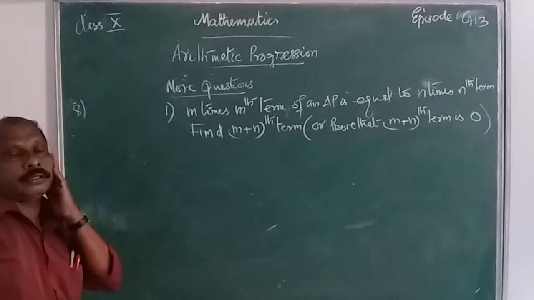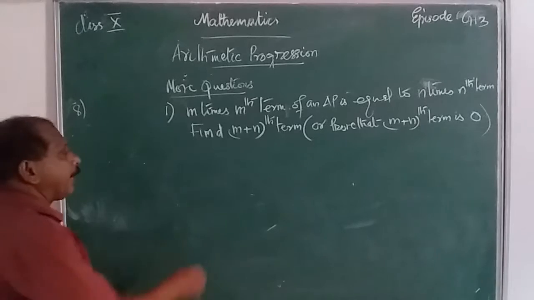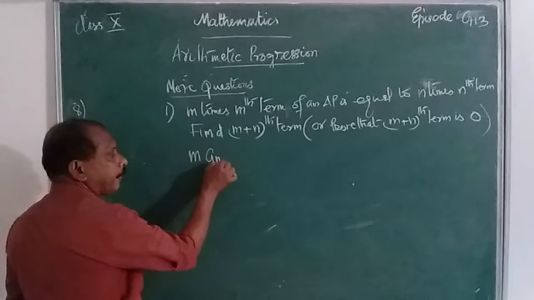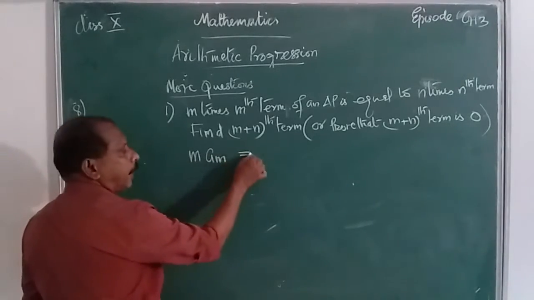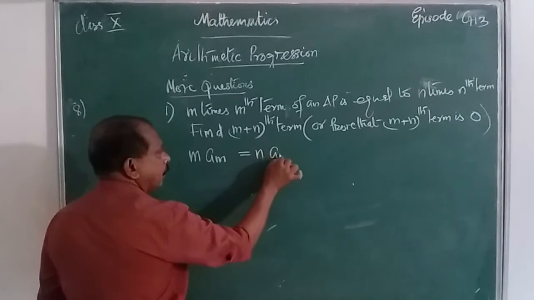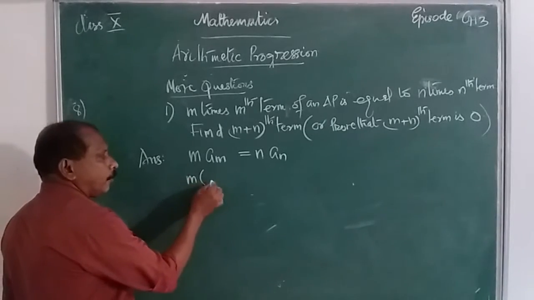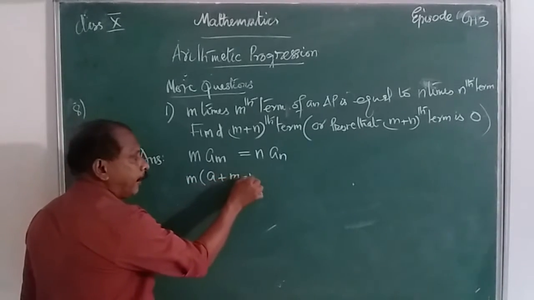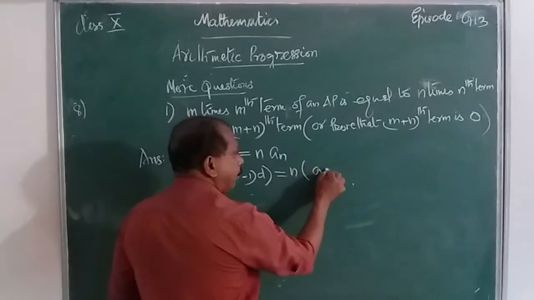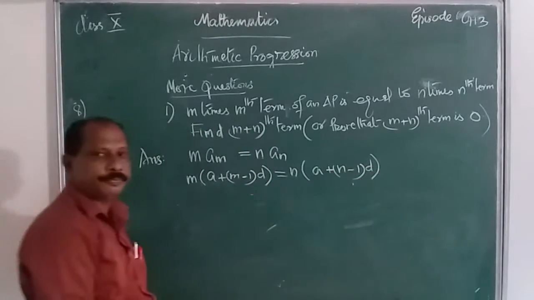That is a board question, and we know that m times the mth term, m into am, is equal to n times the nth term. What is the mth term? m into (a plus (m minus 1) d) is equal to n into (a plus (n minus 1) d).